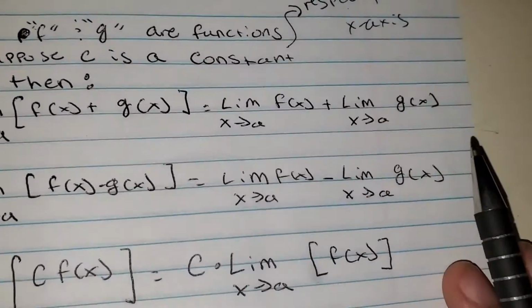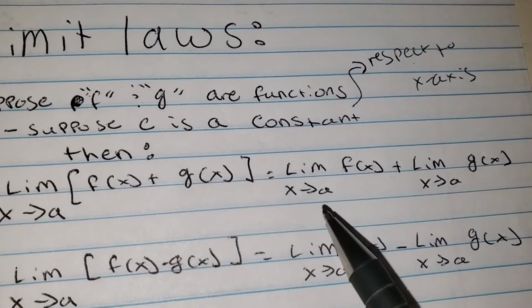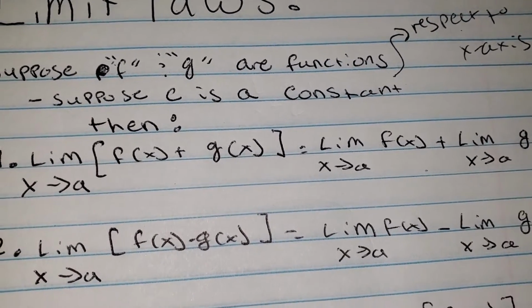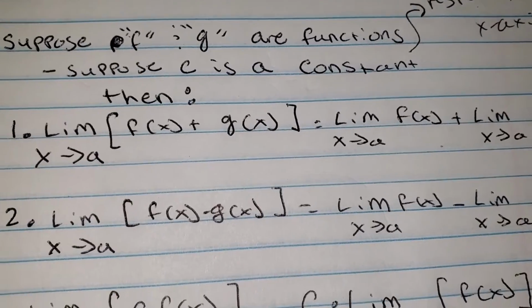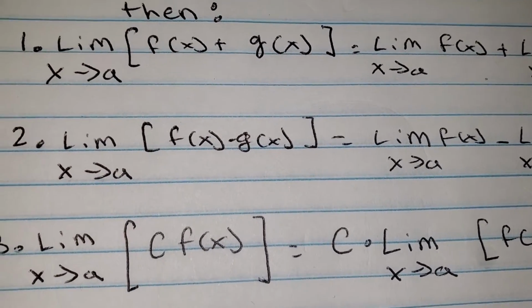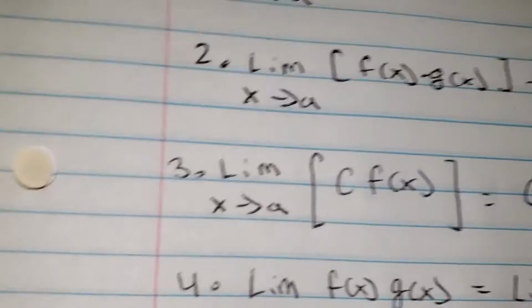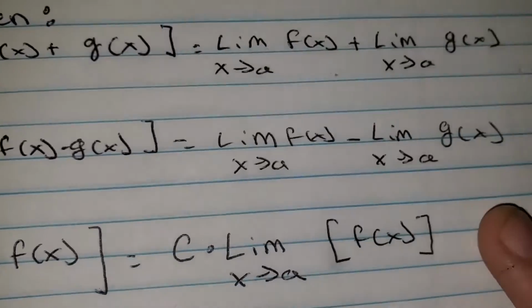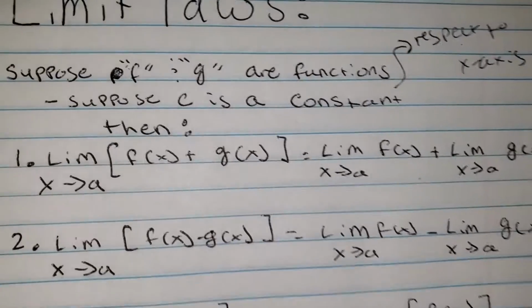So we have the limit as x approaches a of f of x plus the limit as x approaches a of g of x, and also the limit of f of x minus the limit of g of x. Pretty much we could split these apart at any time we want.